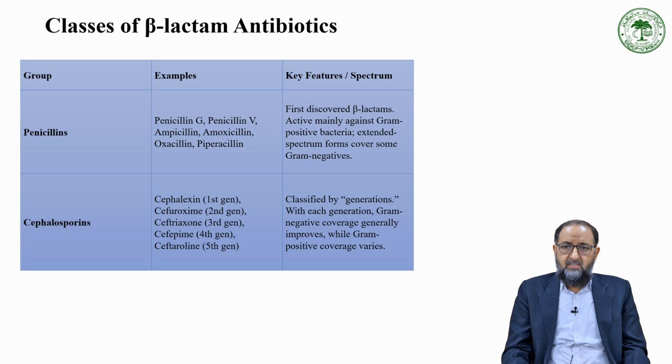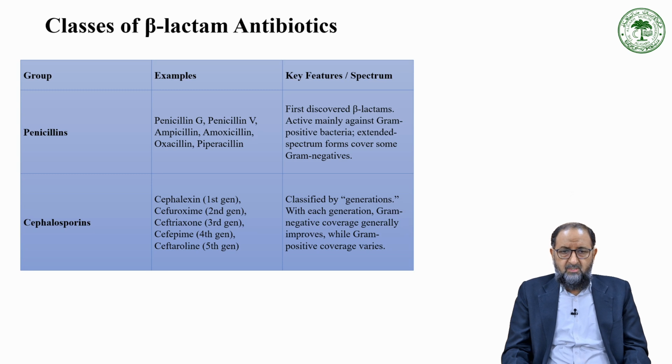It is active against gram-positive bacteria, and extended spectrum forms cover some of the gram-negative bacteria as well. Since peptidoglycan is thicker in gram-positive bacteria, it acts more against gram-positive bacteria, but also acts on gram-negative because thin peptidoglycan is also present in gram-negative bacteria.